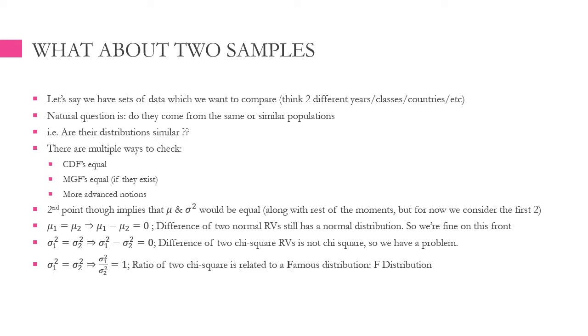The fact that our sigma squareds are the same, besides implying that the difference is equal to 0, also implies that the ratio is equal to 1. Now, the ratio of two chi-squareds is related to a famous distribution, the F distribution.